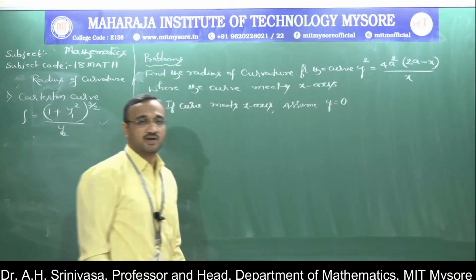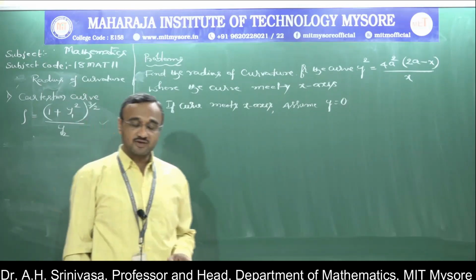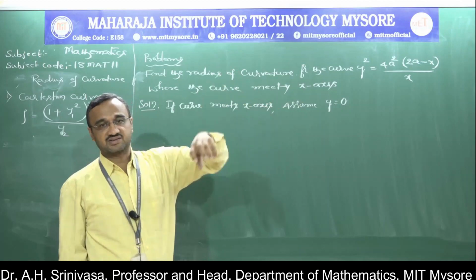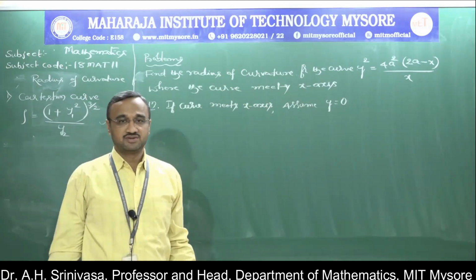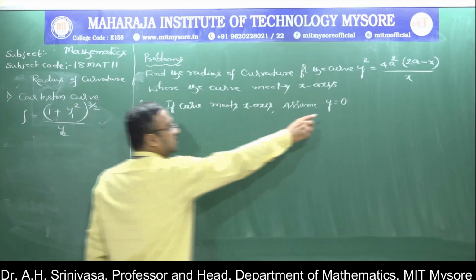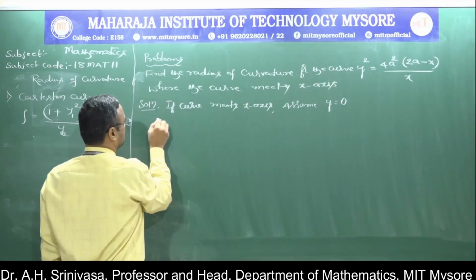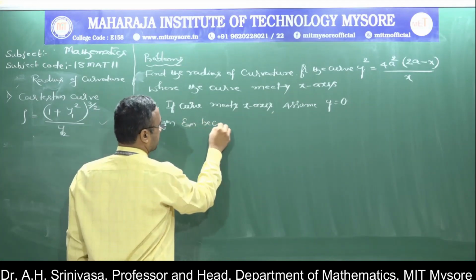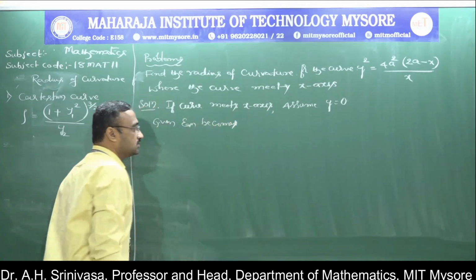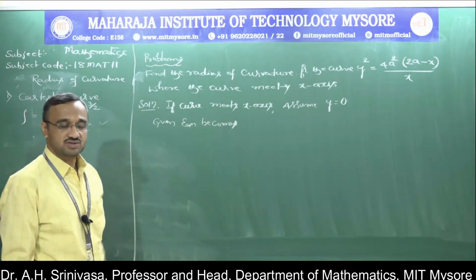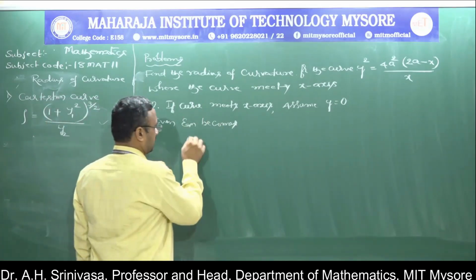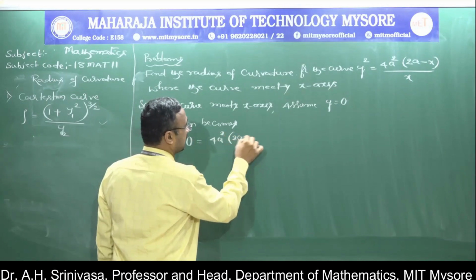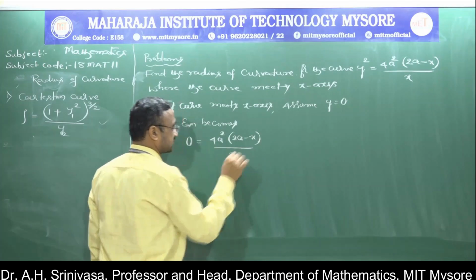First we are going to find the point of intersection. For point of intersection, we have to assume y equal to 0 because the curve is in x-axis, then y-axis automatically they become 0. Now put y equal to 0 in this curve, the given equation becomes, what happens, just you have to check it now. 0 equal to 4a square, then (2a minus x) by x.